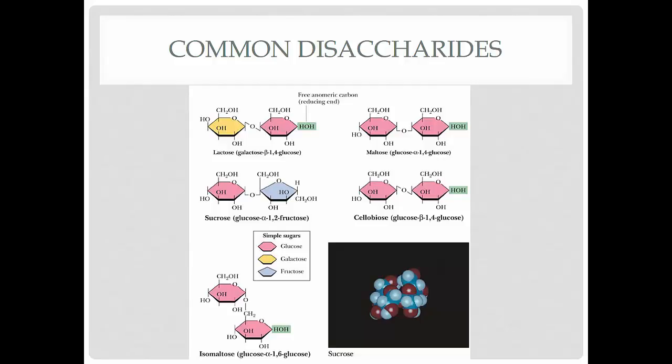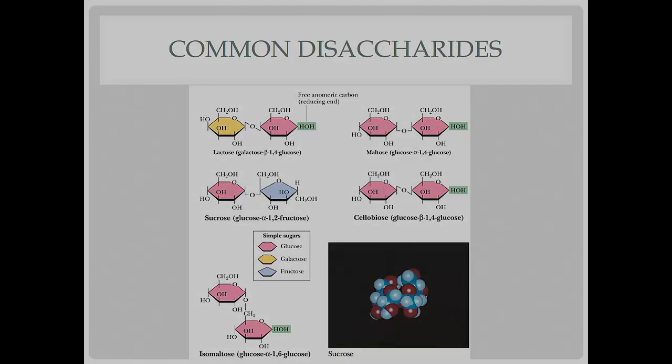However, if the anomeric carbons of both monosaccharides comprise the same glycosidic bond, as we see with sucrose, then there are no more anomeric carbons, and we call these sugars, such as sucrose, non-reducing sugars. And we cannot add any more monosaccharides because there is no open anomeric end.